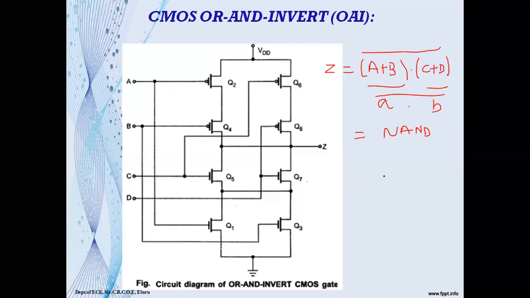So how can we build a NAND gate in CMOS? We will take NMOS and PMOS. We connect the NMOS to the ground, and the transistors are in series or parallel.